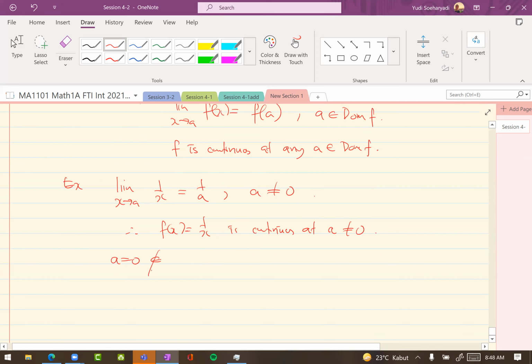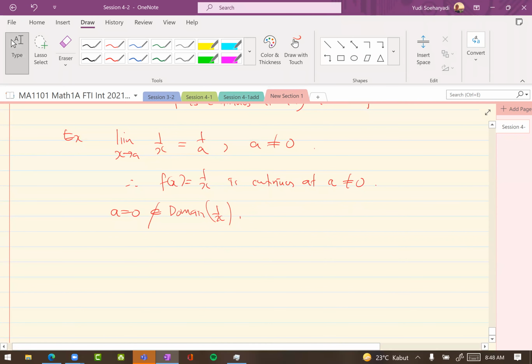Then it is not in the domain of 1/x, so at a = 0 it is irrelevant to say it is continuous or discontinuous.